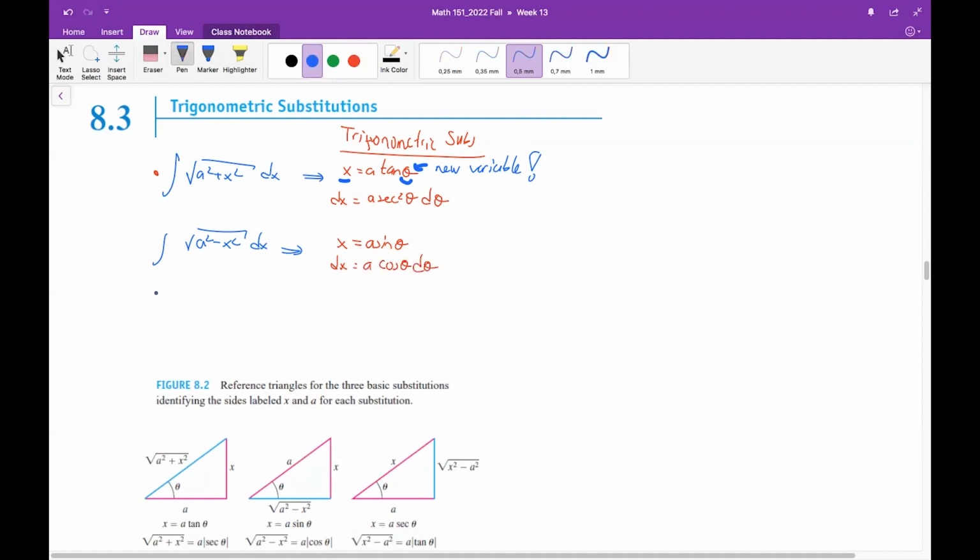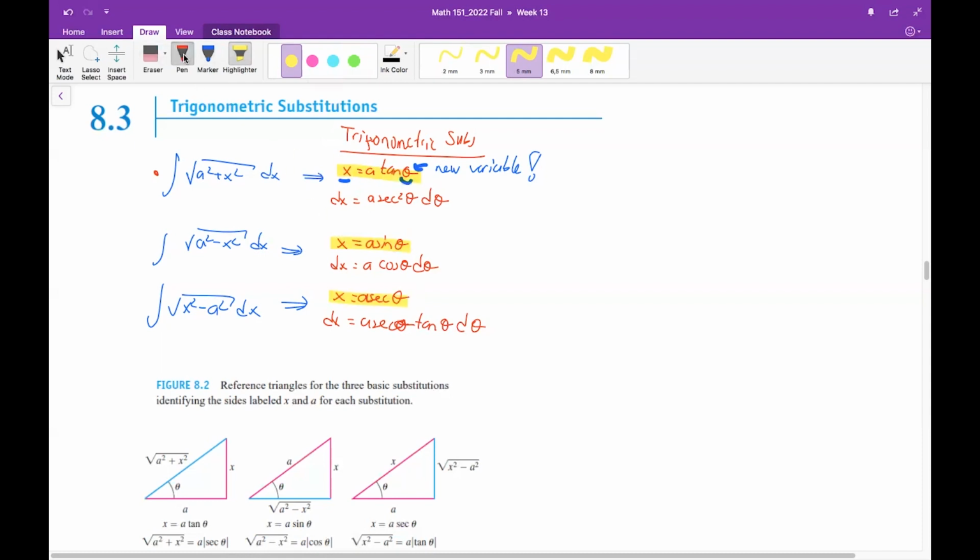And if you have this type of integral, like x squared minus a squared, then the trigonometric substitution should be x equals a times secant theta, then dx is a times secant theta tangent theta d theta. Okay, so these are the most commonly used trigonometric substitutions.